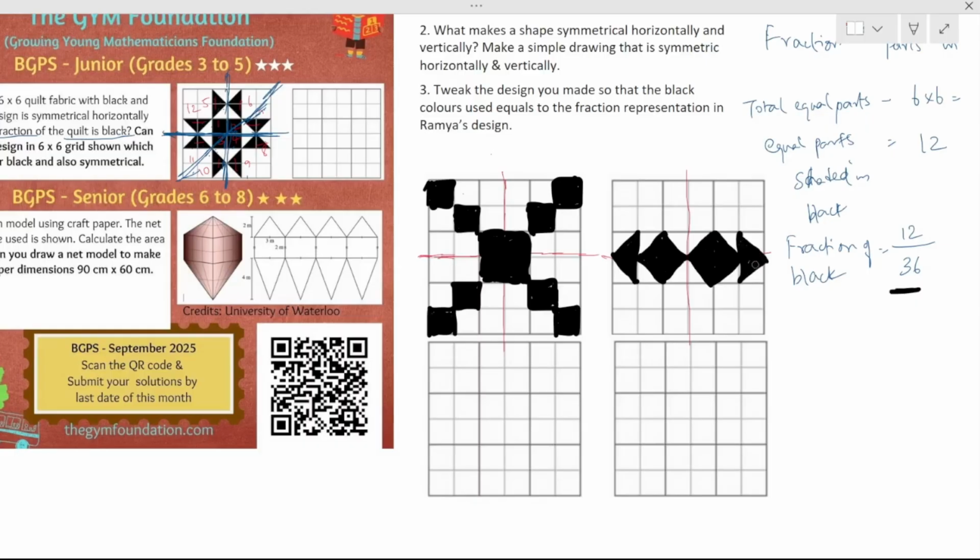So I need 6 more to go, and maybe I can expand the same pattern across all sides, like doing this. So I have now 7, and for it to be horizontally symmetrical, I should do this, which is 8, and for this to be vertically symmetrical, I should do like this, 8 and 9.